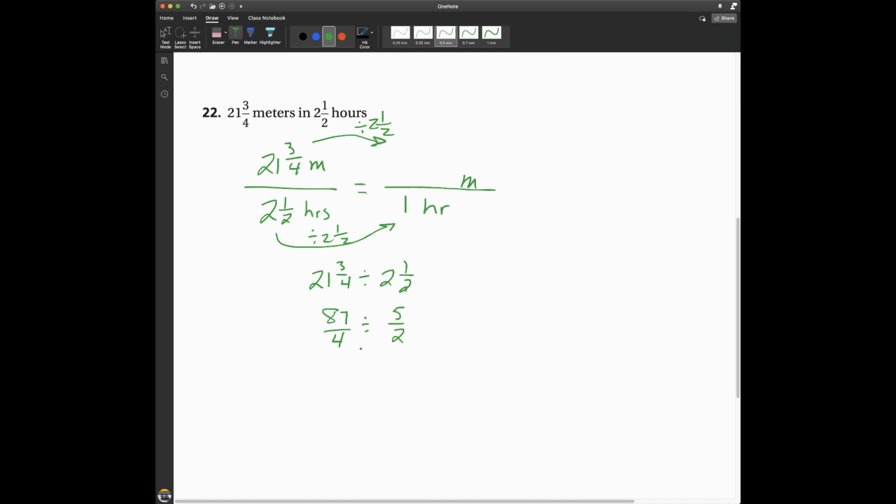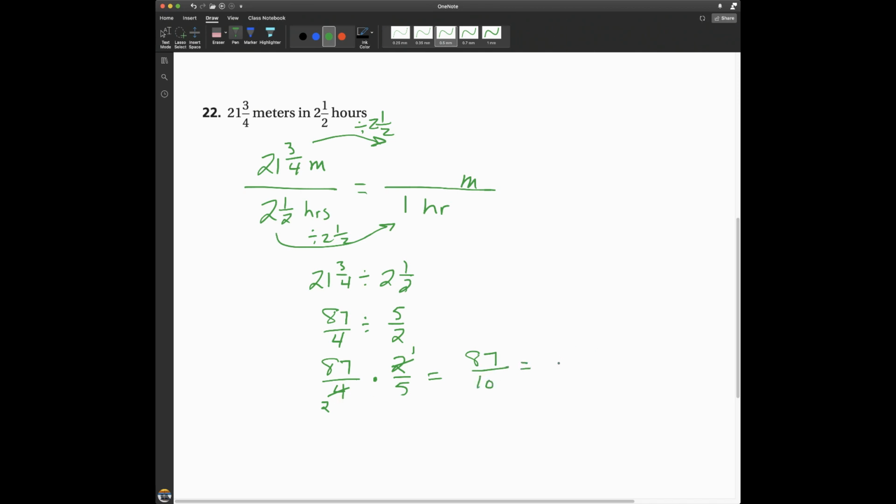And now I turn this into a multiplication problem by keeping the first fraction, changing my sign to multiplication, and flipping or writing the reciprocal of the second fraction. And it looks like I can do some canceling with the 2 and the 4. So that makes that a 1 and makes that a 2. And we can go ahead and multiply the numerators together, and I get 87 over 2 times 5 is 10.